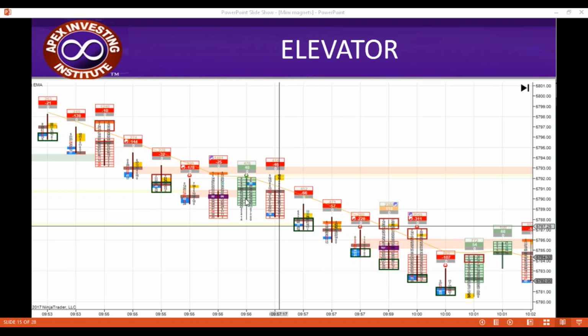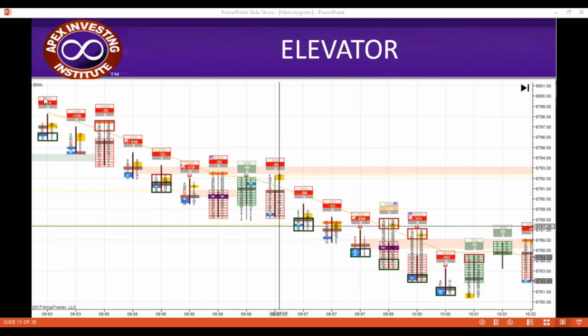But here it only went 16 and then one more, 17. But if I had a mini magnet right here, I would be expecting it to go at least 4 more ticks. Makes sense?